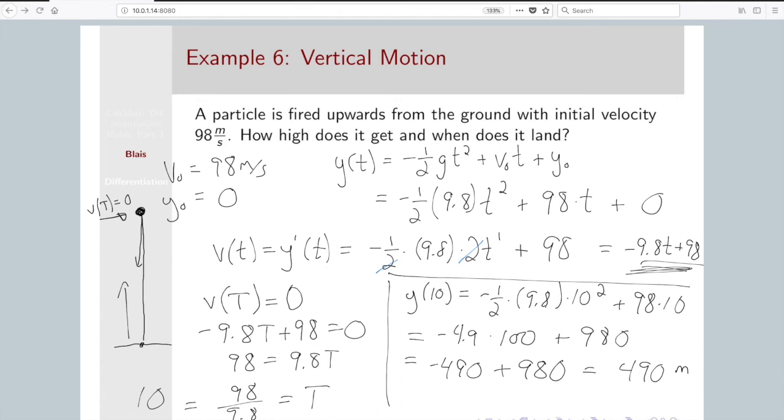Now, if we also want to answer the other question, when does it land? Yeah, so this is our highest point. To find the landing, well, it lands when it's actually at a height of 0 off the ground. So we want to know what are the roots of y of t.